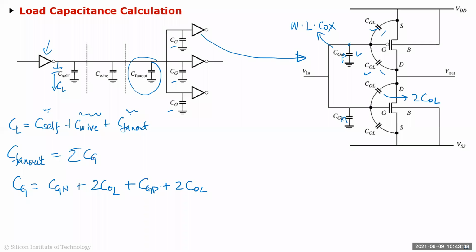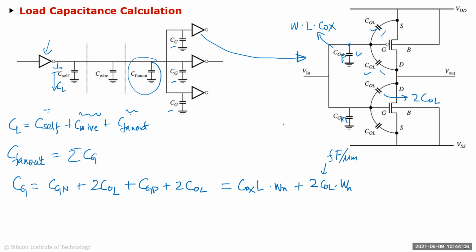Okay. And if you calculate CGN, as I said, we are going to say it's Cox times the L, which is minimum L basically, times WN plus COL times WN. And we write COL basically because this is usually given in femtofarad per micrometer, right? Because the overlap cap is fixed.